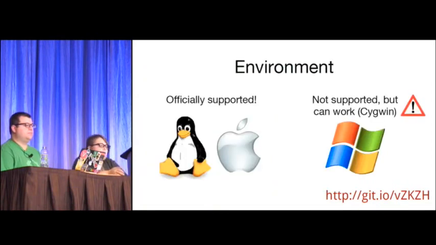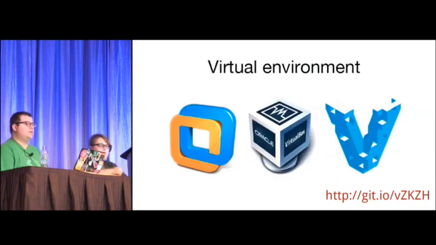So for the environment, these are just some really quick notes. You want to see the Git repo for the details on this, but Ansible is officially supported on Linux and the Mac. It's not officially supported on Windows, but some people have hacked together a solution. Proceed with caution there. There are details on the Git repo for that. One thing that's important to note with the instructions is that we highly suggest people do this work in a contained environment.